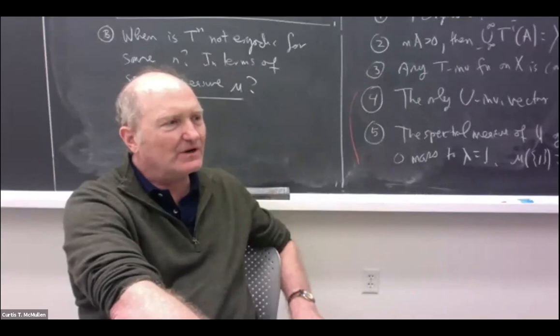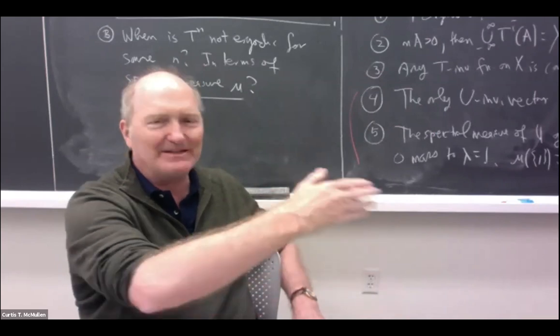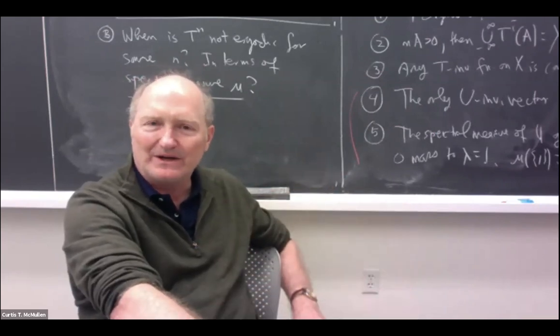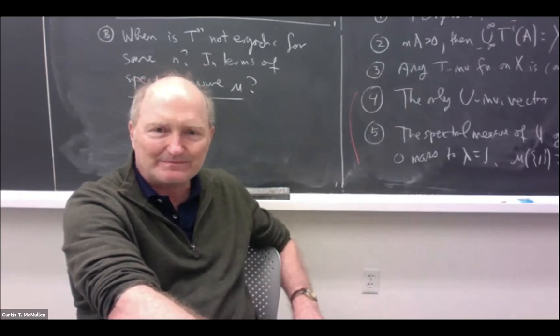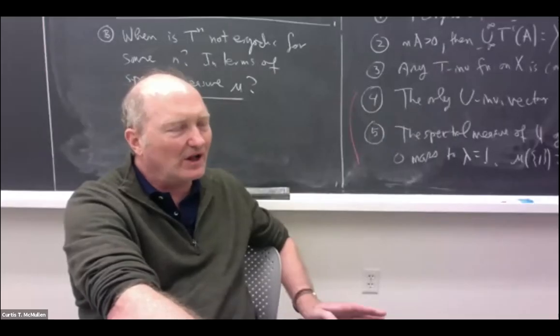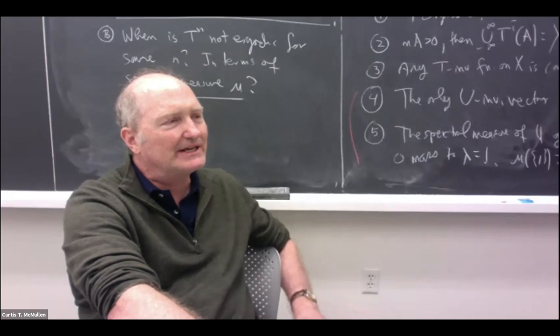I see. So let me see if I understand right. We take the shift map on infinitely many copies of the interval from 0 to 1, or maybe the shift map on Z2 to the Z. That's our measure space. Yes. Okay, so that's all of these sequences.